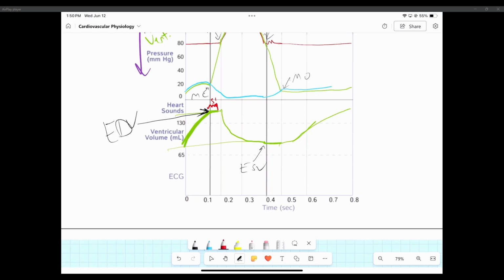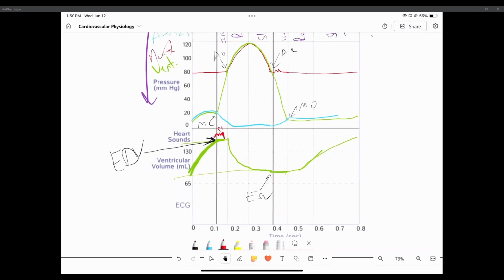What valve event is happening right at S1? Mitral valve is closing. So when you listen to a heart, the first heart sound that you hear is just the mitral and the tricuspid valves closing. That's all S1 is.